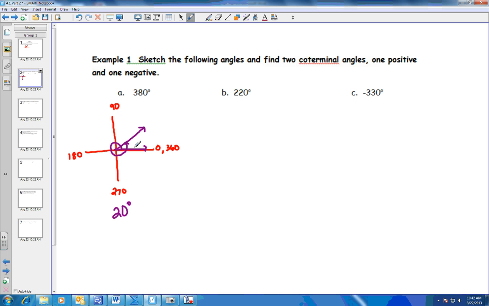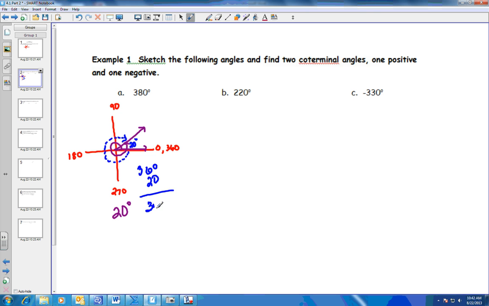So if I have this angle right here that I'm showing, we know it's 20 degrees, but I need to name it as a negative angle. So I know I'm going to end up going from the initial side backwards. Okay, if I know this is 20 degrees left over and I go negative, doesn't it make sense that you would take that 20 and we're subtracting 360 from it?